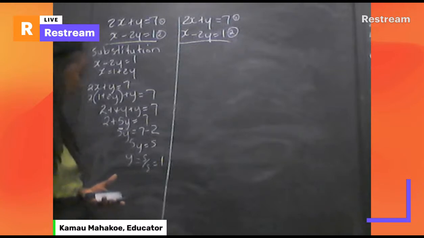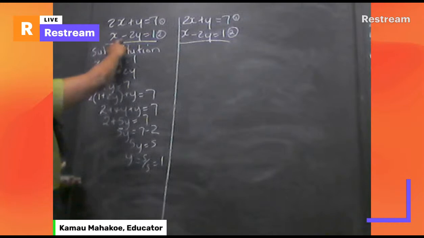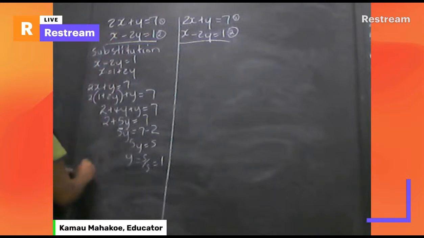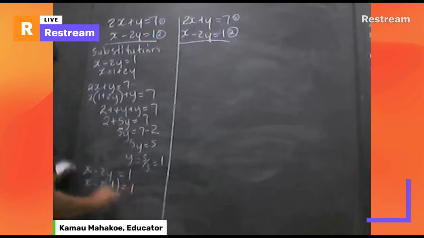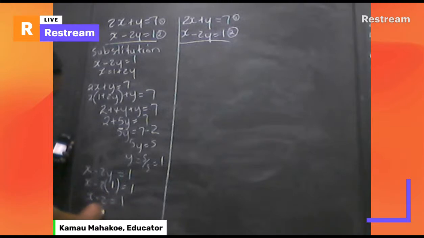So y is 1. Therefore, we're going to go in this equation, and where y is, we're going to put a bracket and put 1. Expanding now, x minus 2 is 1. So x is 1 plus 2, which is 3.